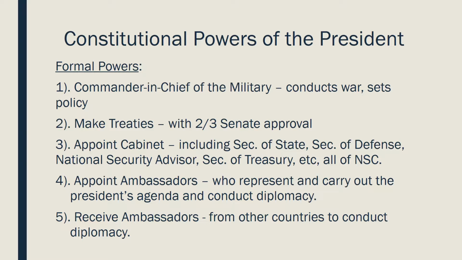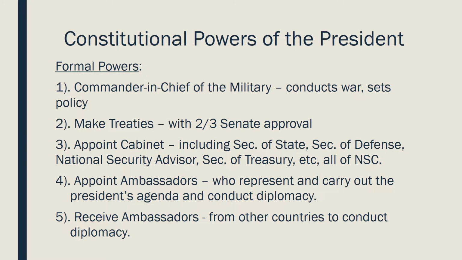This breaks down into several formal constitutional powers of the President I have listed here. First is Commander-in-Chief of the military. The President is in charge of the Defense Department as a branch of the executive, is in charge of conducting war and setting policy regarding our militaries.